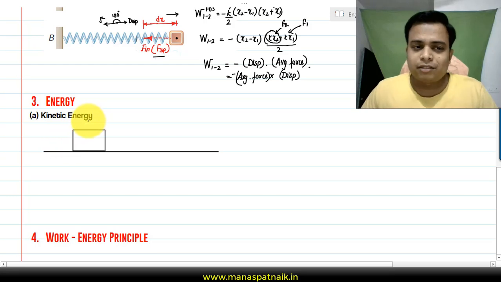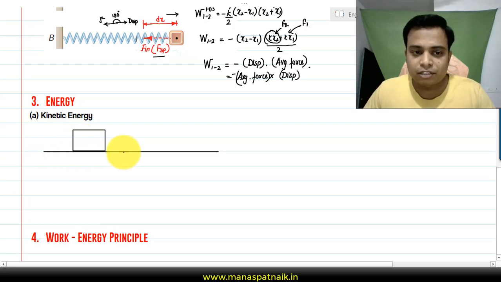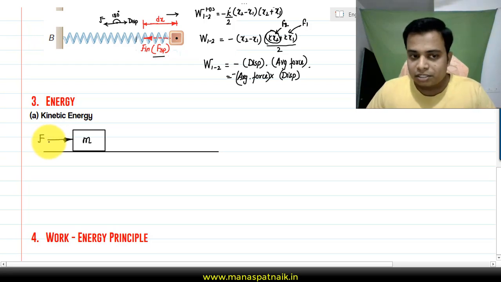First of all, let's take a look at this kinetic energy. And for that, let me explain this example to you. Here, we're having a frictionless surface in the form of a line. And what we'll try to do is we'll keep a block, say, having a mass m, and a force is acting over this block. Let's say this force is represented by simply writing F. So what essentially happens is this block sets itself into motion.